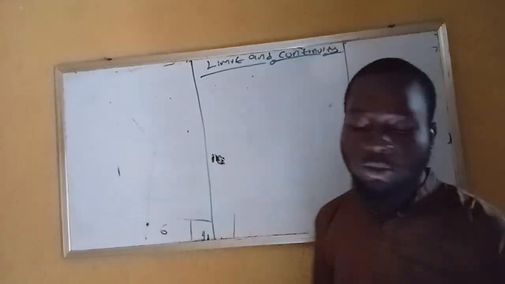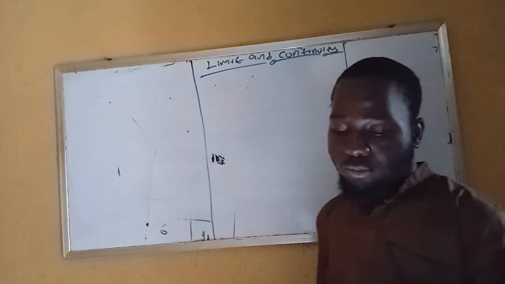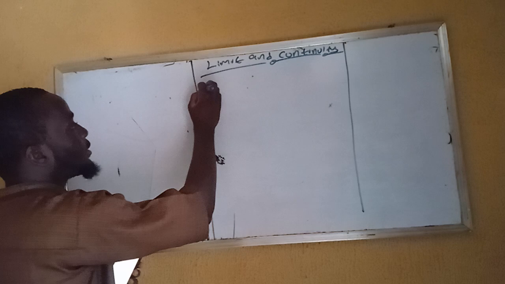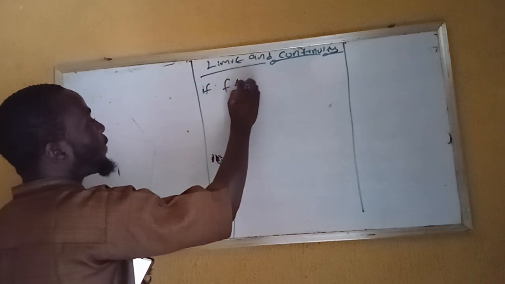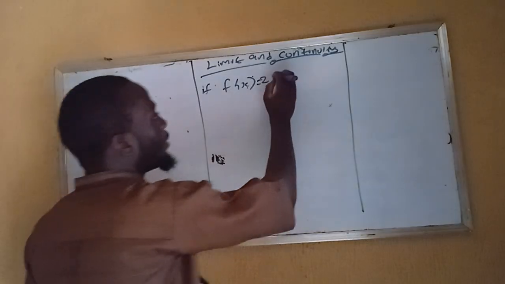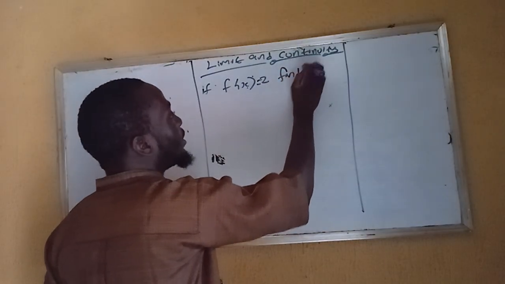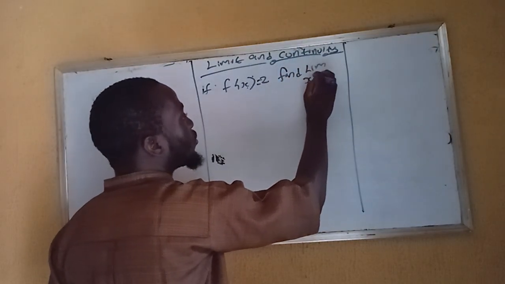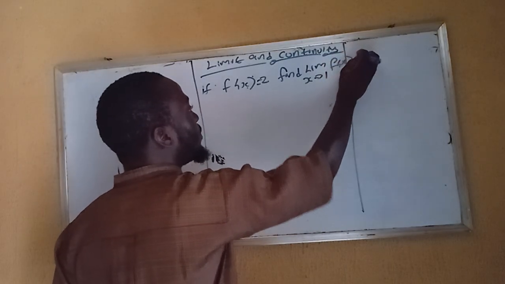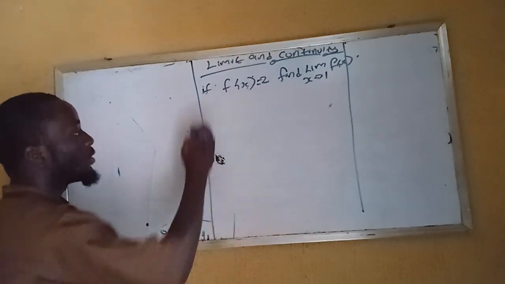If you have the limit of a constant, assuming you are given f of x is equal to 2, then you have to find the limit as x tends to 1 of f of x. How are you going to do this?